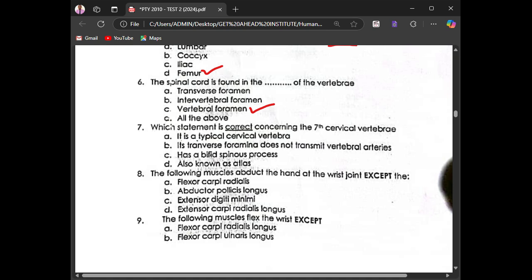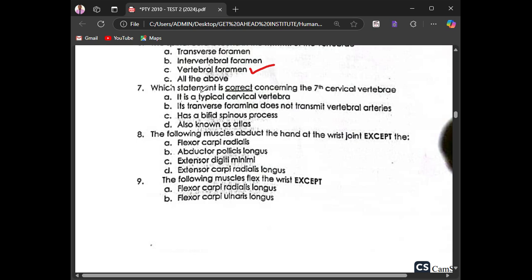Are we together? All right. So we go to question 7.